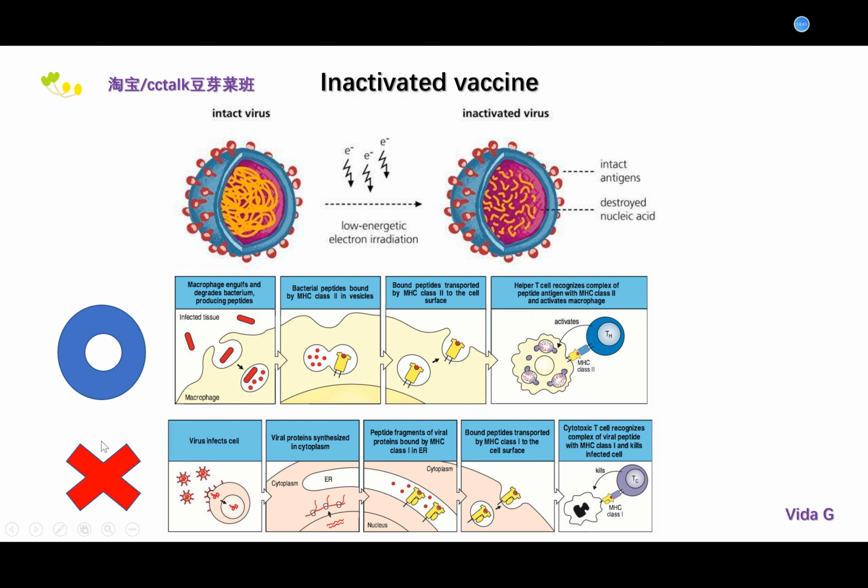So it will no longer be able to go through the MHC class 1 pathway. So basically, this is how the vaccine is developed and how it works.